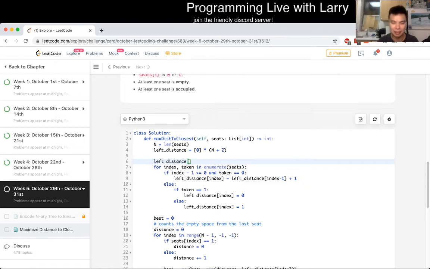But distance sub 0 is equal to infinity. So if we do it this way, then it starts at infinity on the left if there's no 0, and then we only start counting when there's the first 1, right?